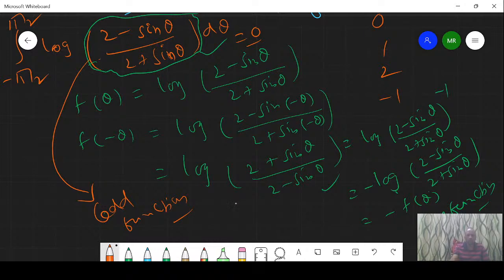Since it is an odd function, the answer is 0. This is your answer. Generally, many times logarithmic functions come out as odd functions only. You can practice two or three problems like this, decide the given function is odd, and the result will be 0.